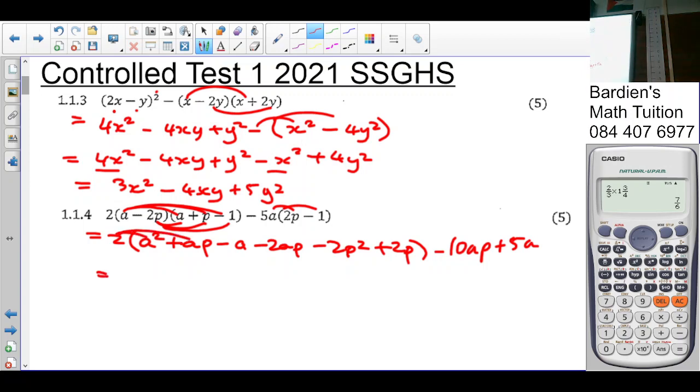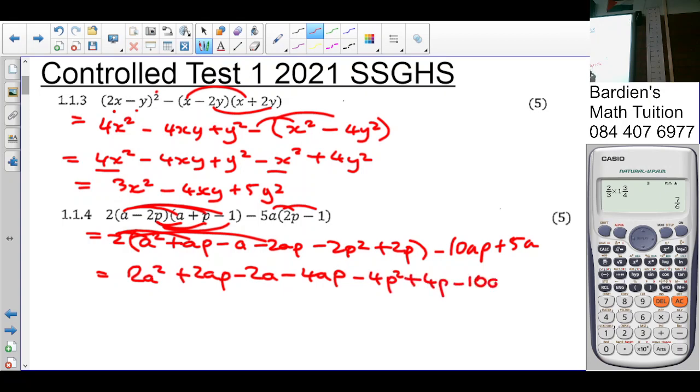What do we do now? We get rid of the brackets, we multiply. So that's going to give you 2a squared plus 2ap minus 2a minus 4ap minus 4p squared plus 4p minus 10ap plus 5a. Remember that 2 doesn't multiply the negative 10ap and the 5.